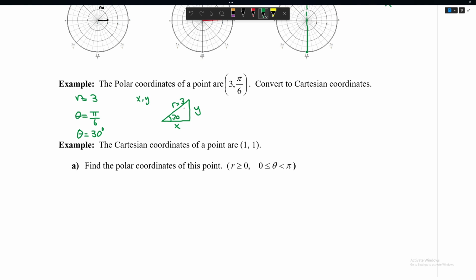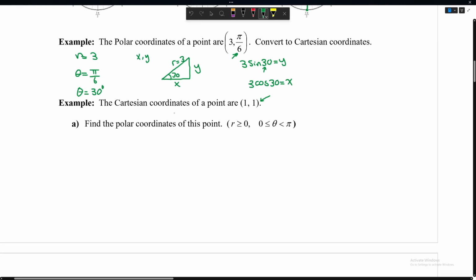So see, my y is 3 sine theta, or in my case, 3 sine 30 equals y, and 3 cos theta equals, well, 3 cos 30 equals my x. Make sure, in the midterm, your calculator is in degrees for 30, and it's in radians for pi over 6. Okay? So the Cartesian coordinates of the point are this.